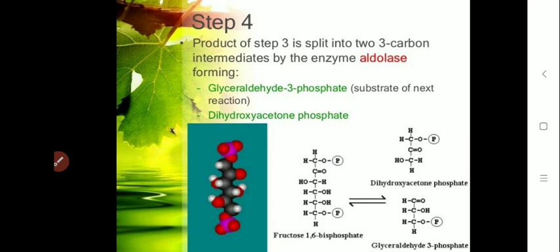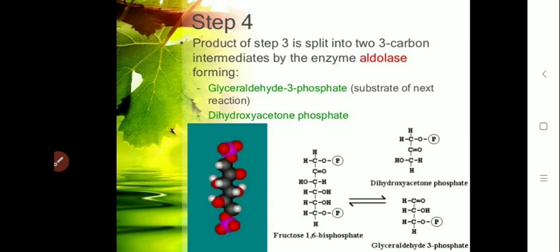One is glyceraldehyde 3 phosphate, which is also known as GAP, and the second one is dihydroxyacetone phosphate, which is also known as DHAP. This reaction is catalyzed by the aldolase enzyme, and in the next step only glyceraldehyde 3 phosphate can proceed as an intermediate through the glycolysis process.